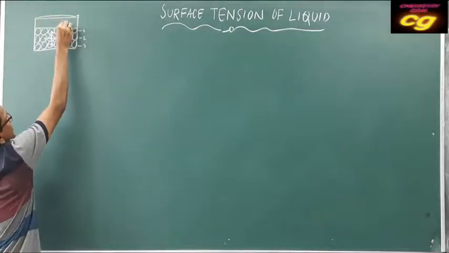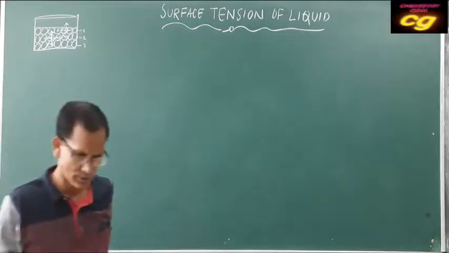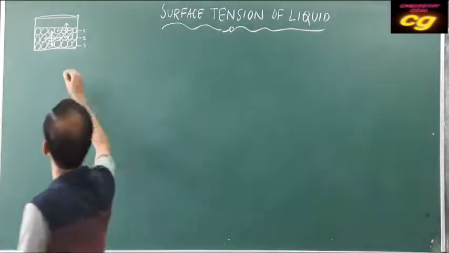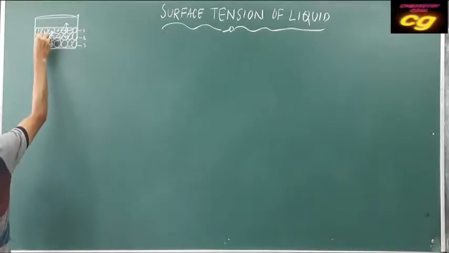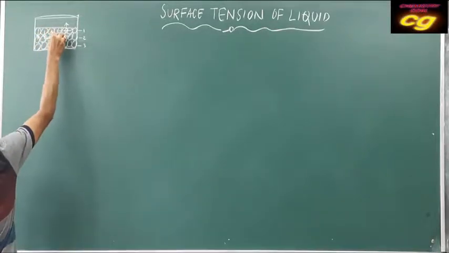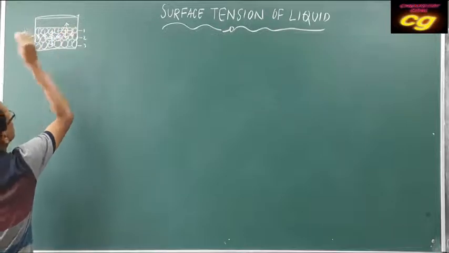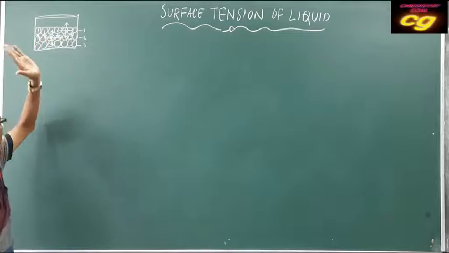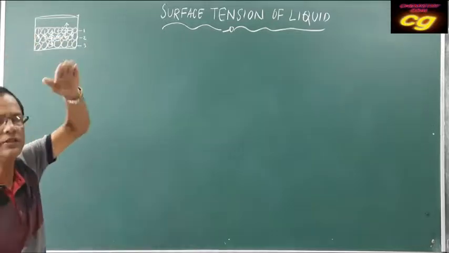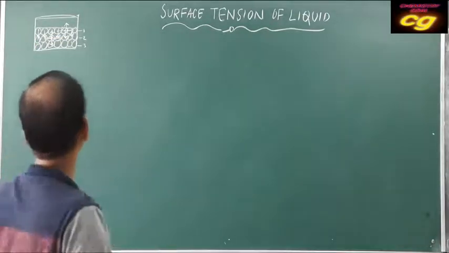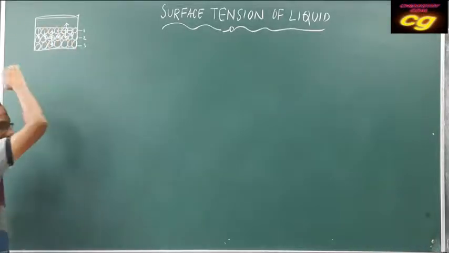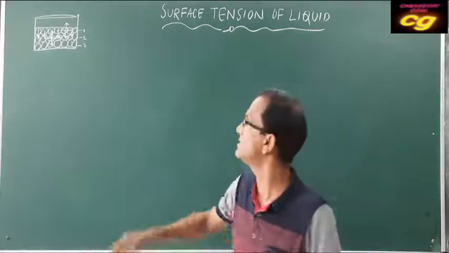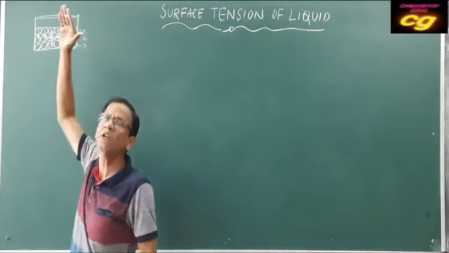Only the molecules occupying the layers below the surface are attracting the surface molecule downward. That's why the surface molecule faces a downward pull, because there is no molecule above the surface molecule.